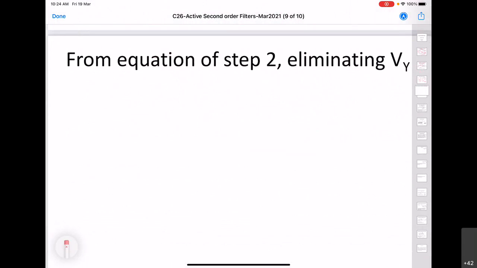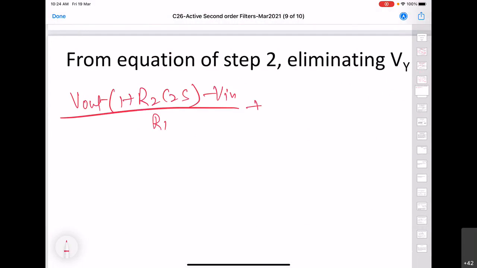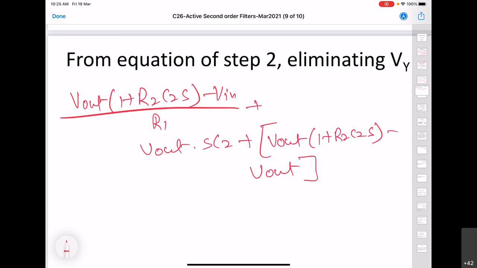So from equation 2, if we eliminate Vy, what we get is this equation: V out into (1 plus R2C2s) minus V in, divided by R1, plus V out sC2, plus V out (1 plus R2C2s) minus V out into C1 s is equal to 0.